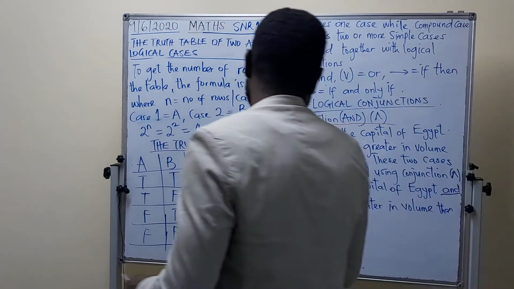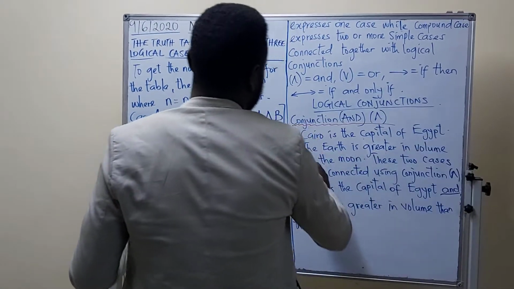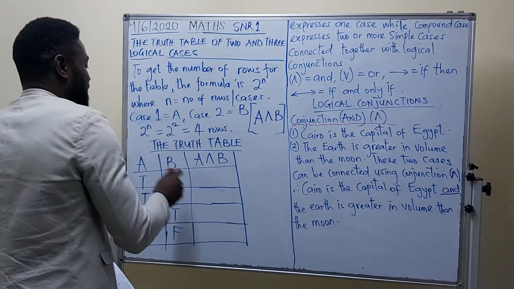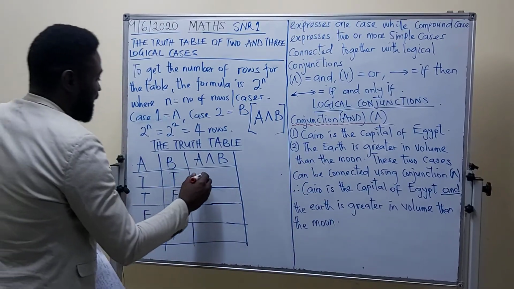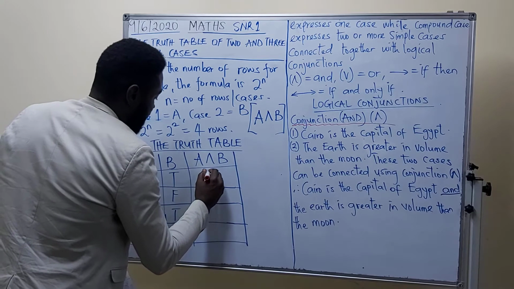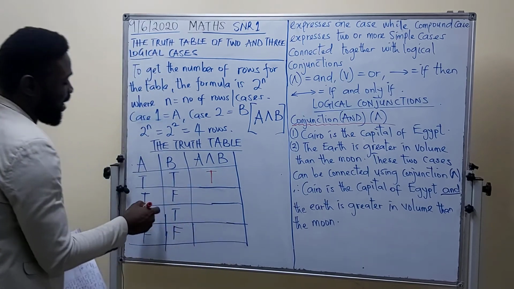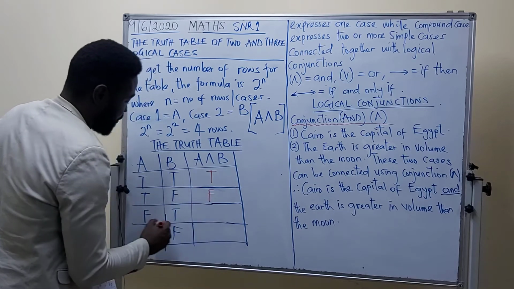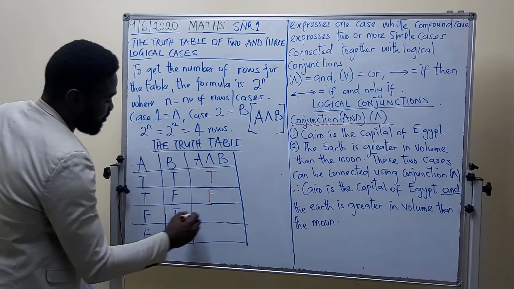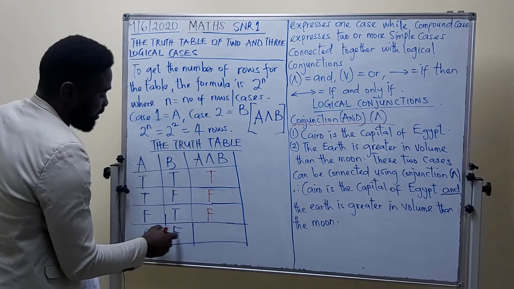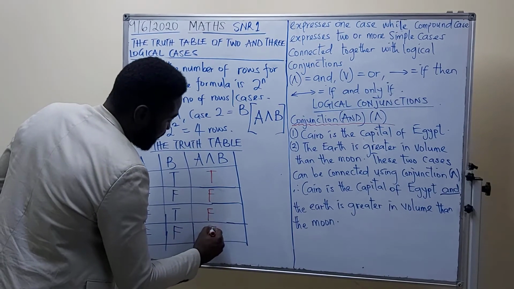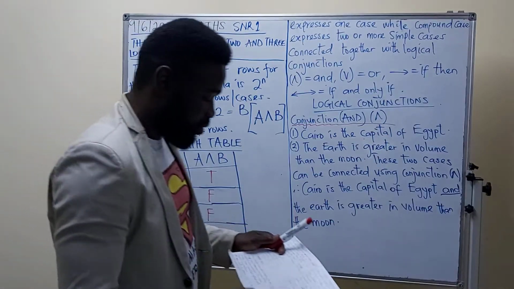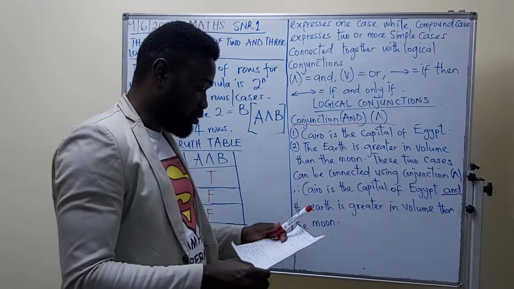It means Cairo is the capital of Egypt is true, the earth is greater in volume than the moon is also true. And A and B, when they are joined together like that, the result will be true. When one of them is false, we always get false. Like here, false is here, we get false again. And when both are false, it is still false. Don't forget we said when one is false, the result is false.